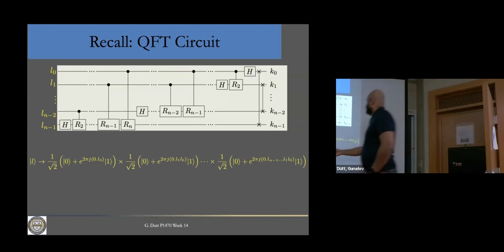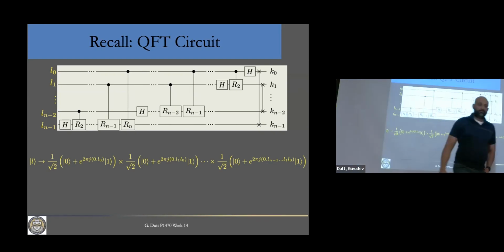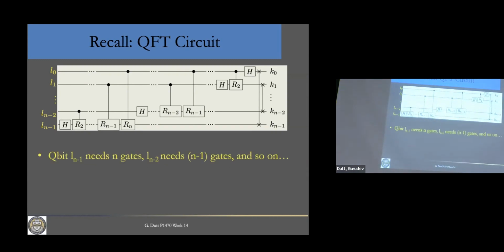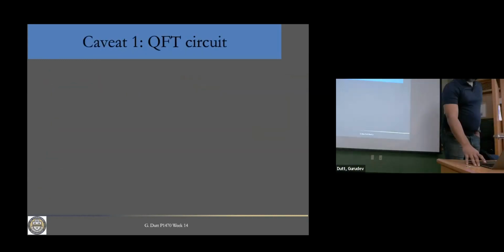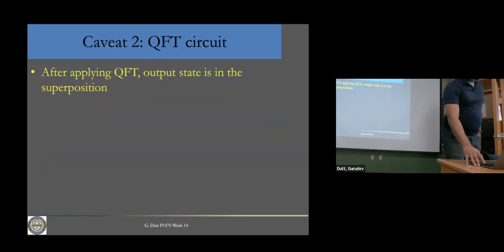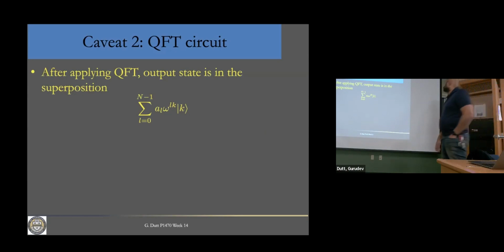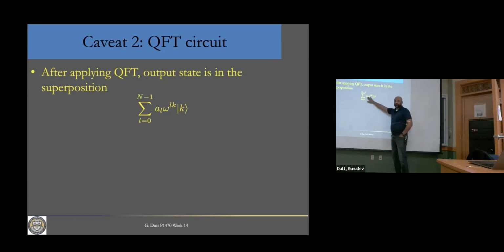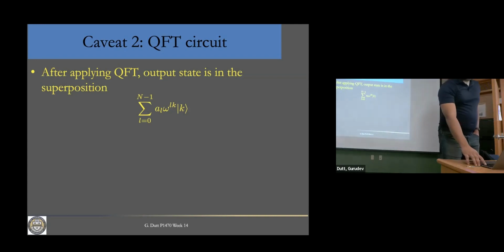Okay, and of course, if I apply some linear combination of these, that is meaning I make a superposition of all the possible basis states, then I get the coefficients of the DFT over here. So here, this is the output superposition of the input coefficients.